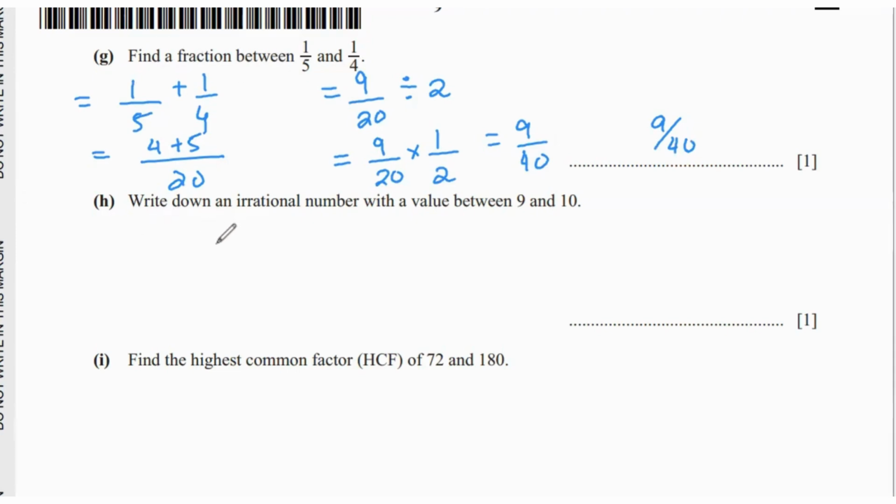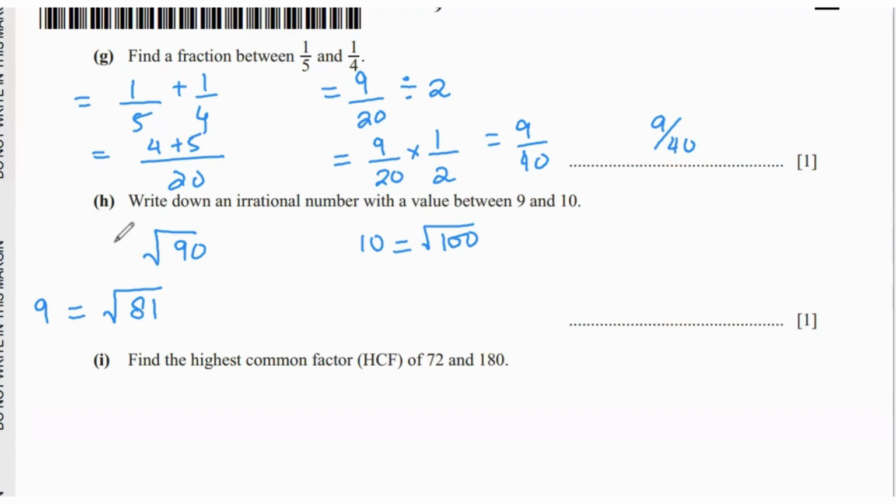Then it says write an irrational number with a value between 9 and 10. So somewhere between 9 and 10, that's going to be square root of 90. Now, why square root of 90? 9 is basically square root of 81, and 10 is square root of 100.